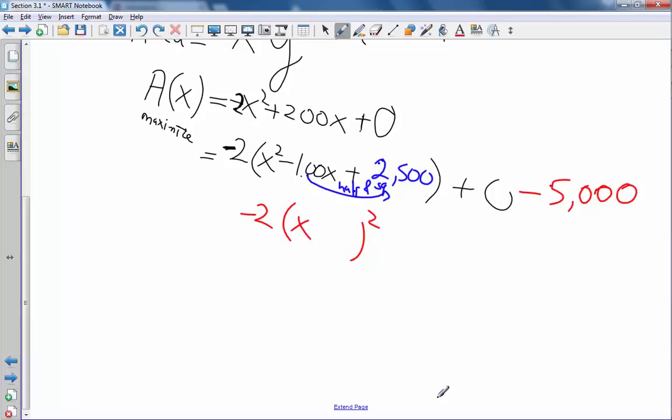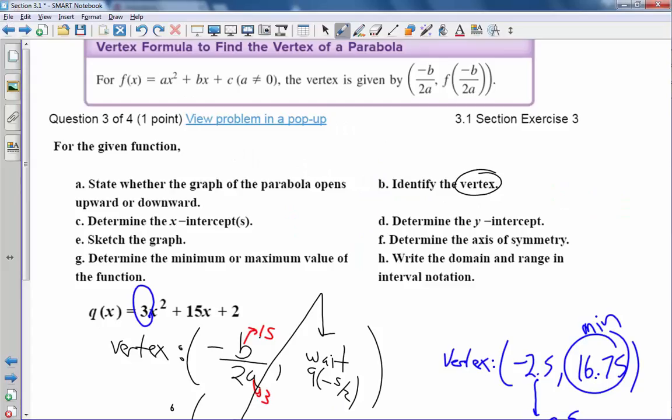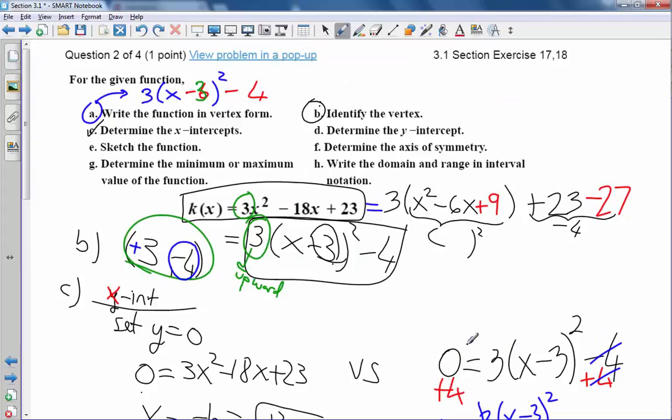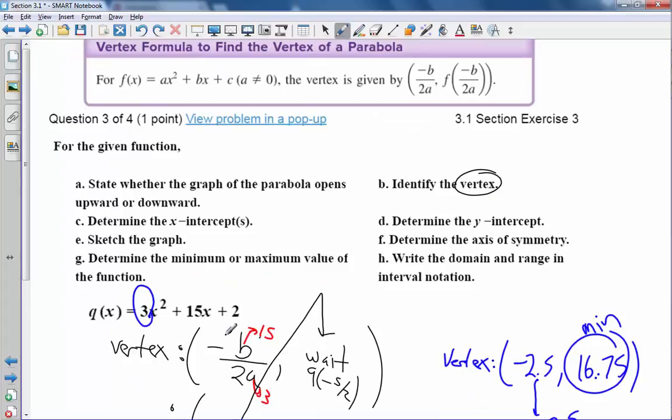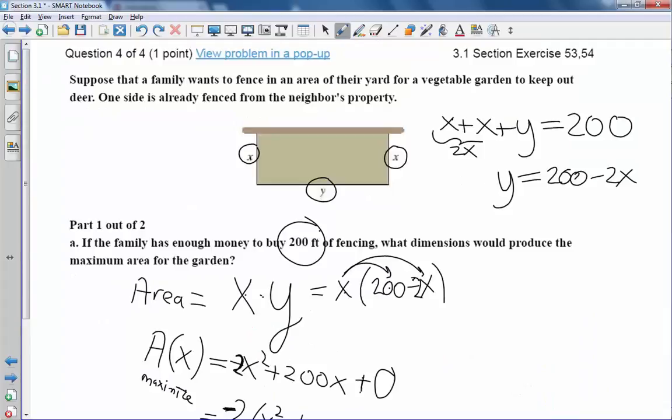A friend says this time we should be adding 5,000. Why? We were always subtracting here. In this question we subtracted. And this one, when we were doing on Friday, we subtracted, I believe, on the end. Why is it addition today?